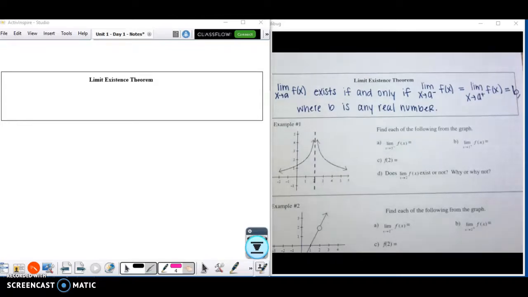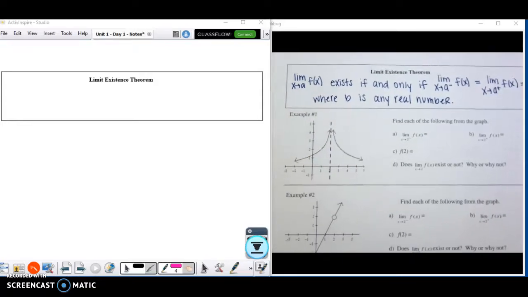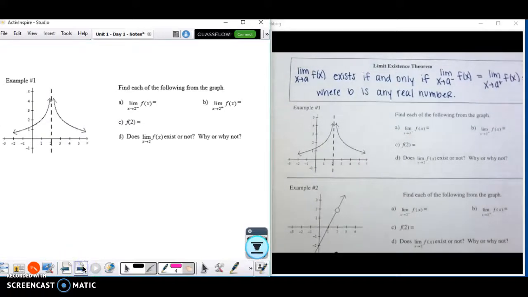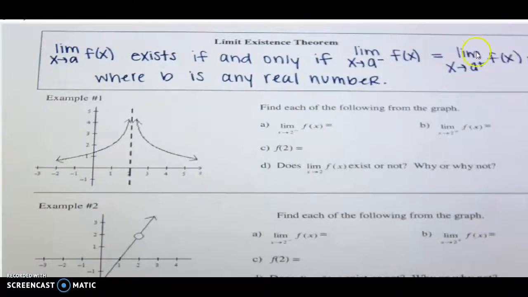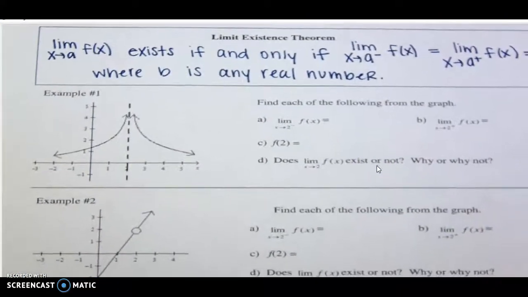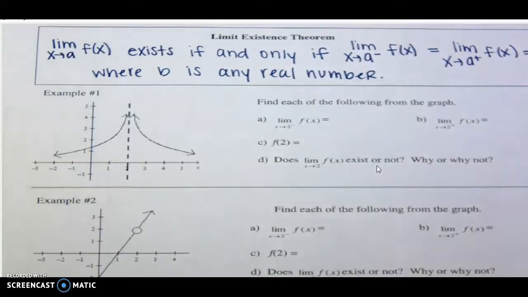Okay? So we have a few examples here. And I know sometimes this is hard to read on here, so just go ahead and make this bigger. Okay, so for example 1, we want to just find all these limits, and then it's going to ask us if the limit exists.